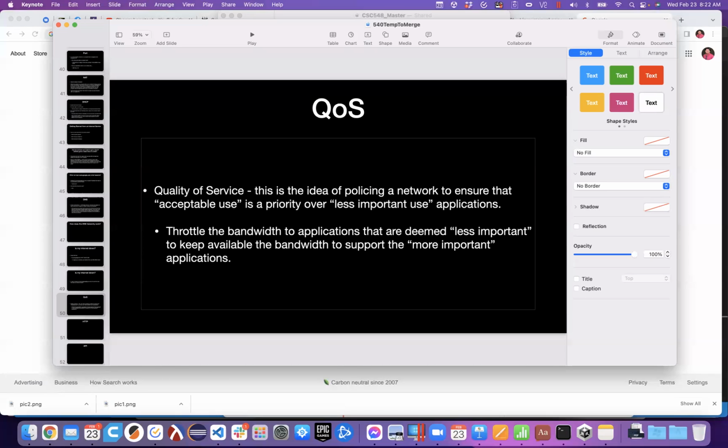You are probably going to have moments where the congestion is so bad that they have employed some QoS strategies to take the major use of the cellular networks and put them at a higher priority than the less important uses. So maybe phone calls and text messages continue to work, yet HTTP web-based data is throttled. Something along those lines.